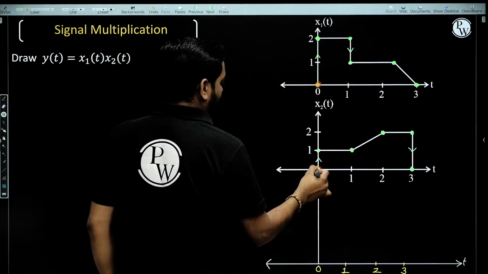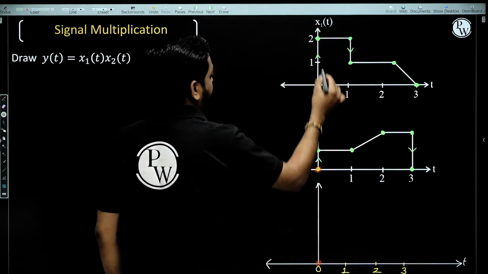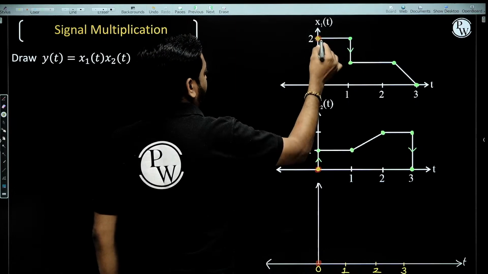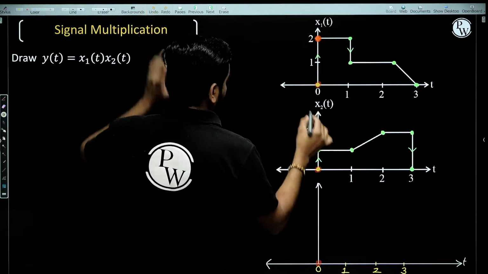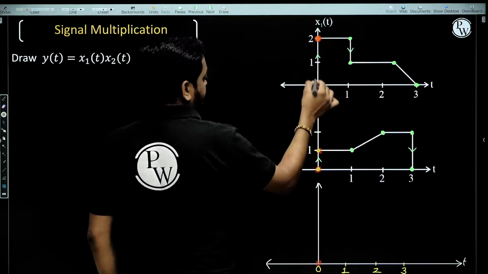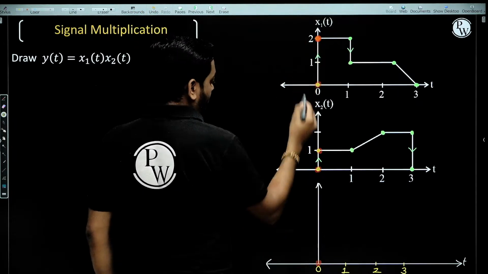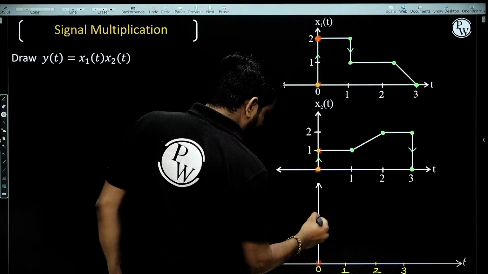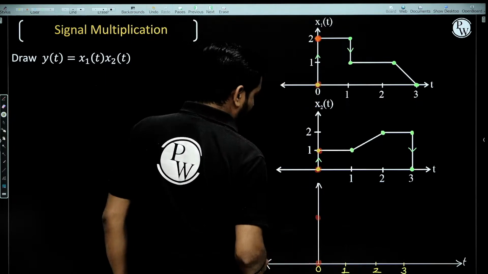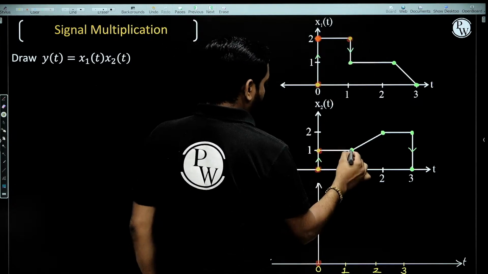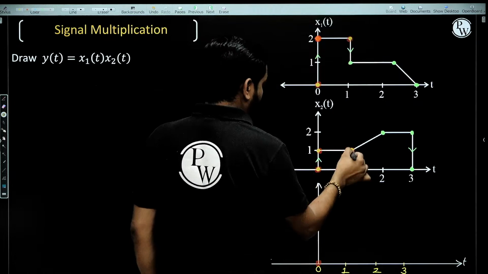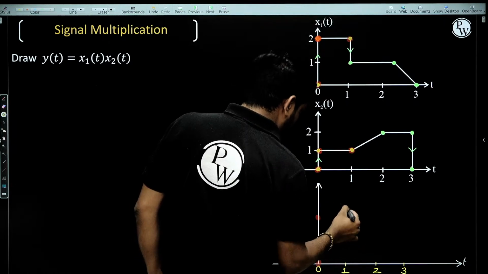0 into 0, it is 0, guys. Next, the maximum point, the ending point. So 2 into 1, nothing but 2, guys. Next, this 2 into 1, it is 2.